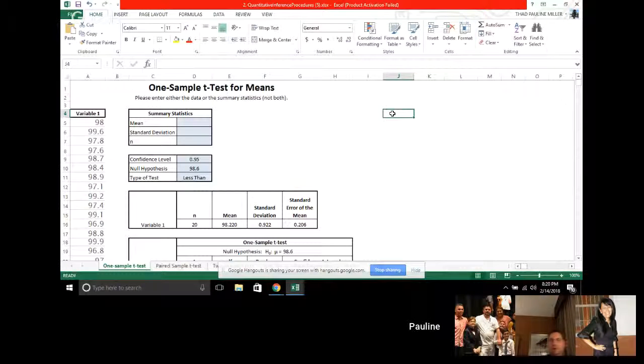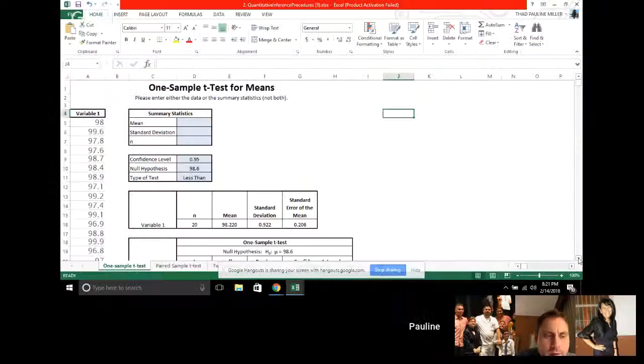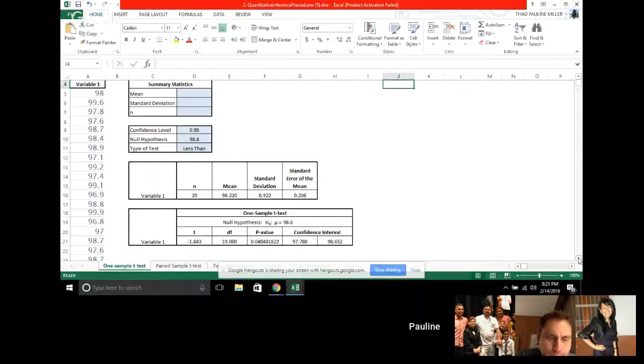Then all you do is plug in those variables, from 98 to 98.2, and it answers everything for you. Well, I thought it did, but I got 3 of these wrong.